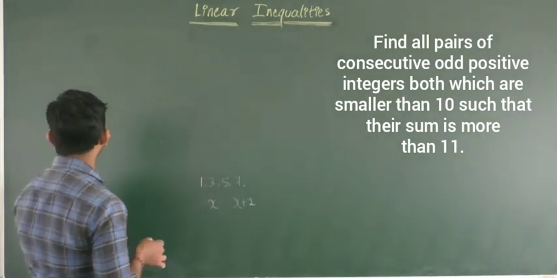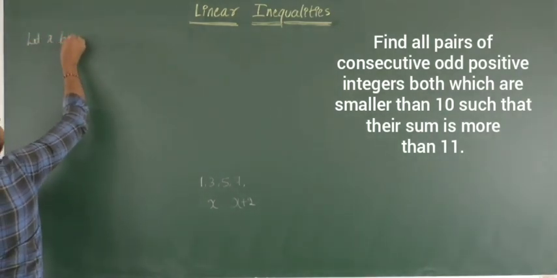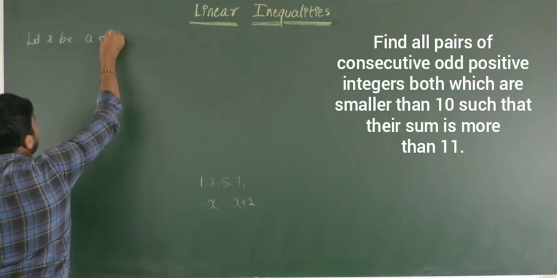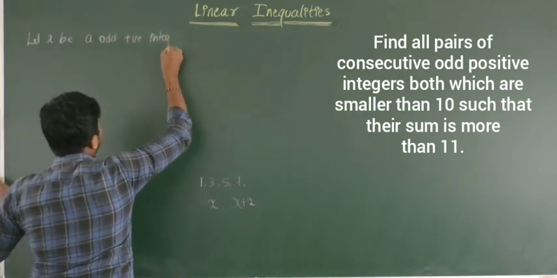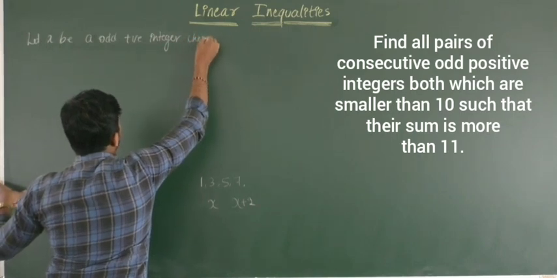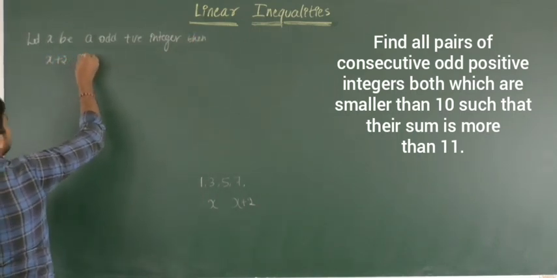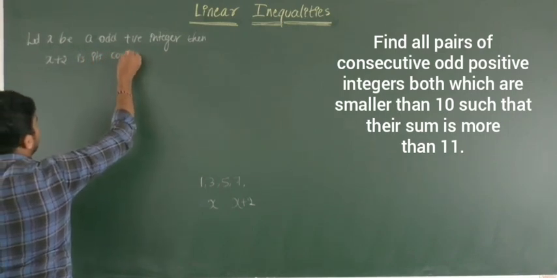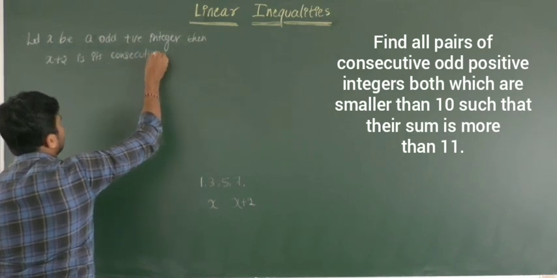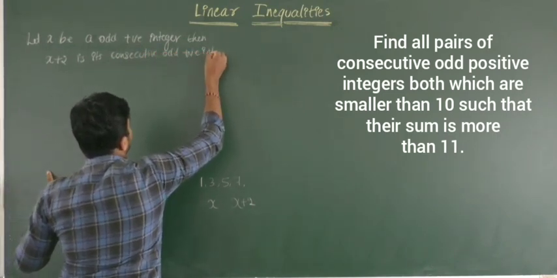So let me consider like this. Let x be an odd positive integer, then x plus 2 is its consecutive odd positive integer.